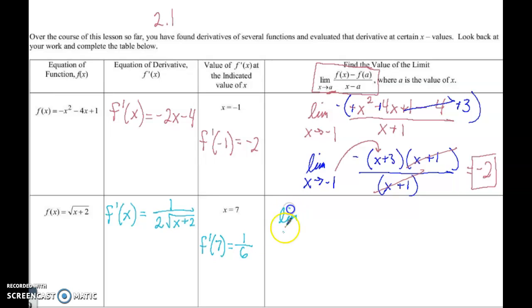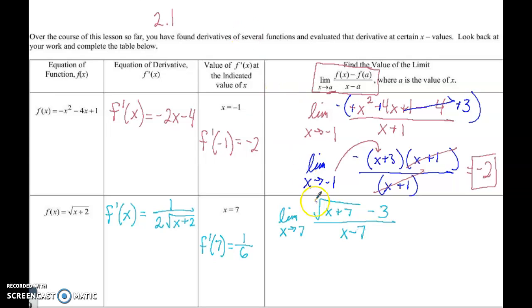The limit as x approaches 7 of the function, square root of x plus 7, minus, plugging in 7 in for x, 7 plus 2 is 9, square root of 9 is 3, all over x minus 7.